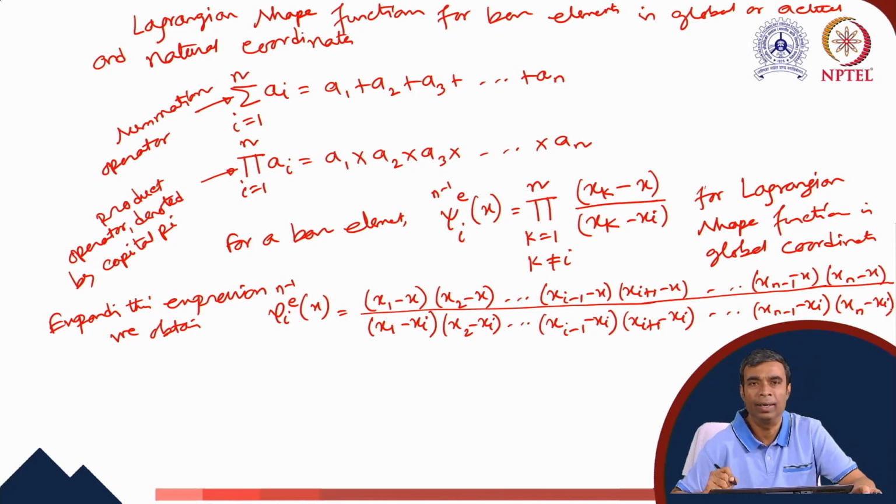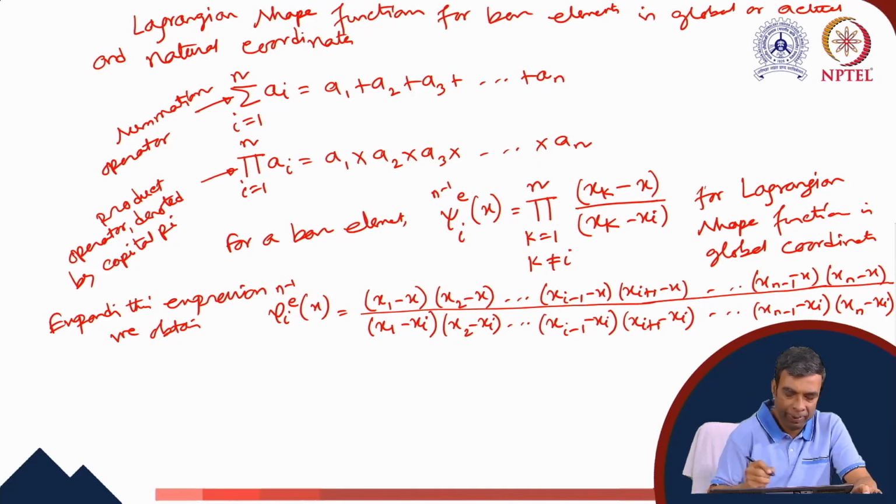Using this relationship, we can find out the shape functions of two-noded bar elements, three-noded bar elements, and of whatever order we want. Any finite order is possible. Now, this expression can be given in the natural coordinate system. Just the x will be replaced by xi or eta depending on whether we are going for the horizontal bar element or the vertical bar element.